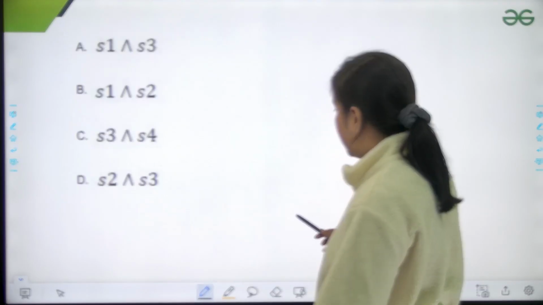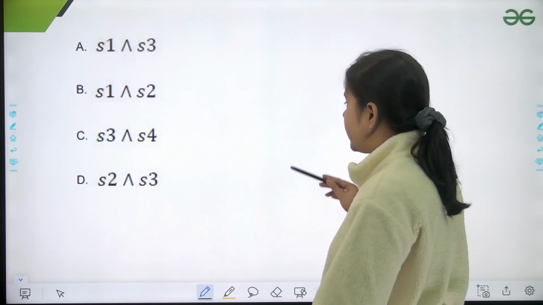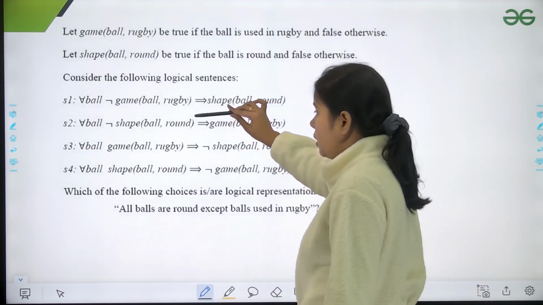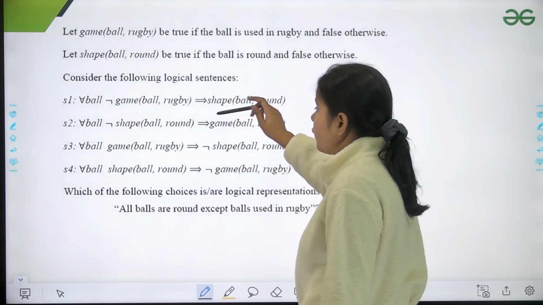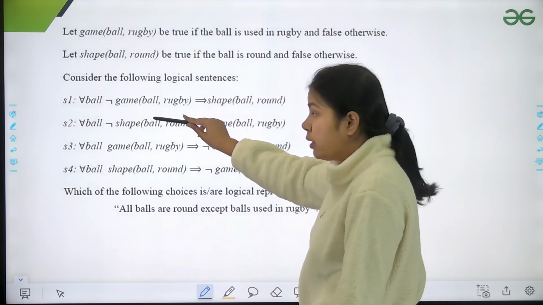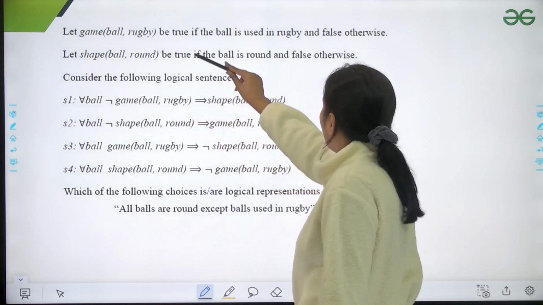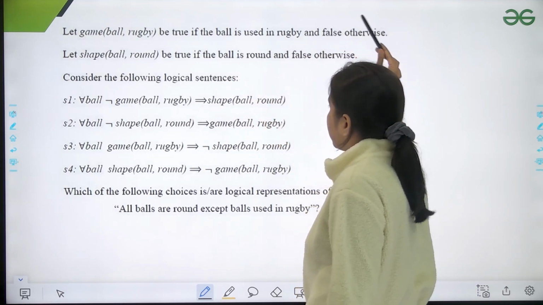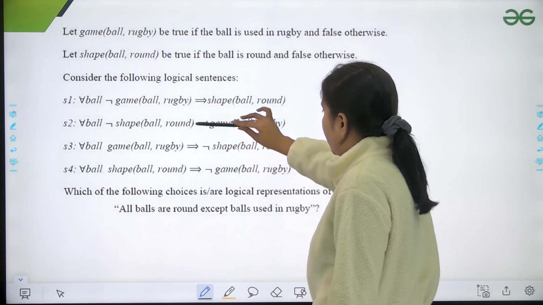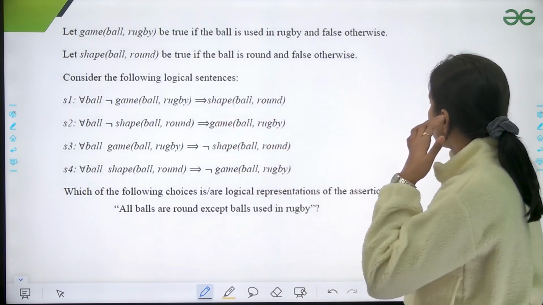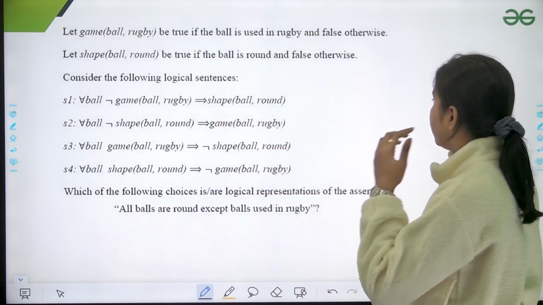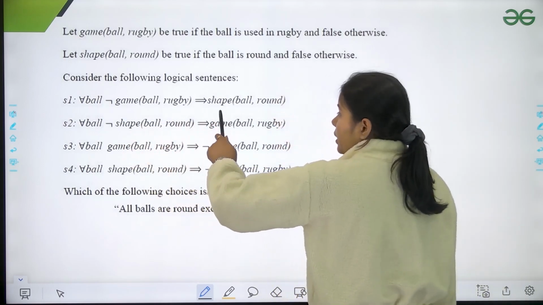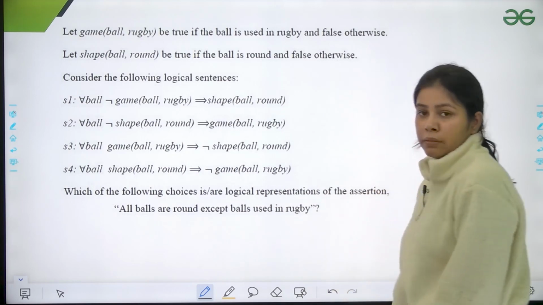S1 and S3, for all ball: if the ball is not used in rugby, then the shape of the ball is round, right?